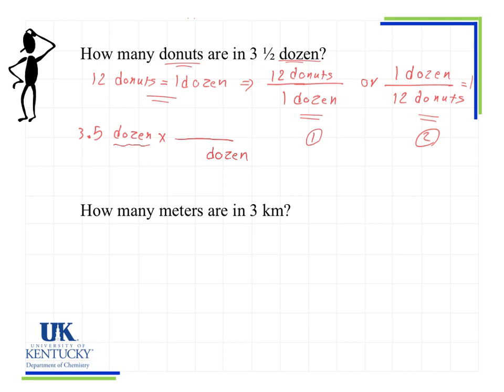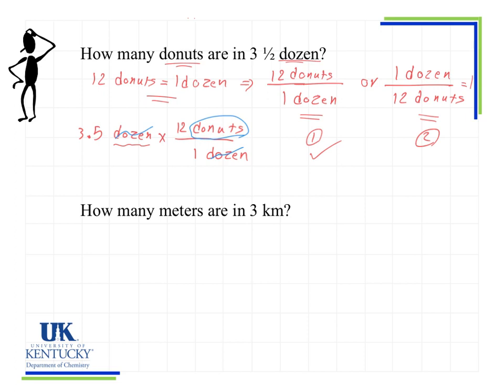So which one of these two do we have to use, 1 or 2? Yes, we are going to use conversion factor number 1. So 1 dozen is 12 donuts, right? So we can cancel dozen with dozen, and then what we have is donuts.